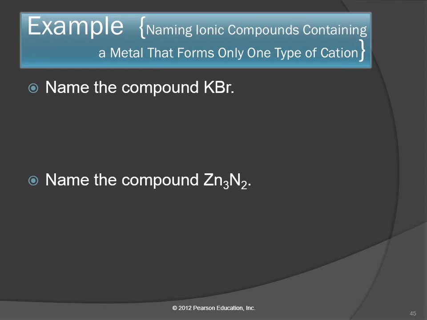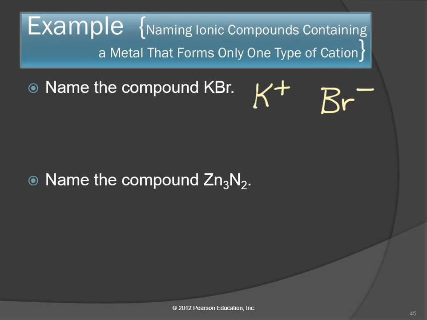So name this compound. KBr. Well, what are the two elements involved? You've got potassium and bromine, right? So we've got potassium ion and we have bromine ion. We're going to name the metal first.